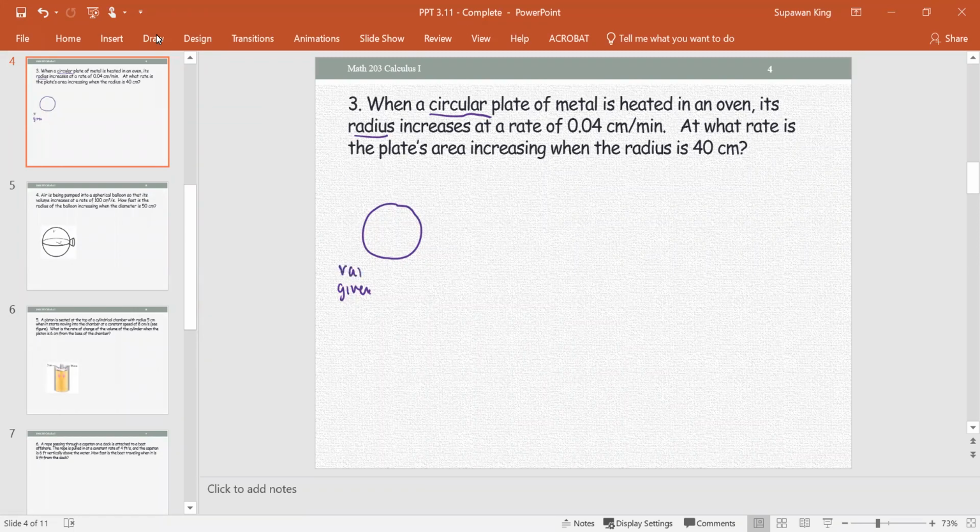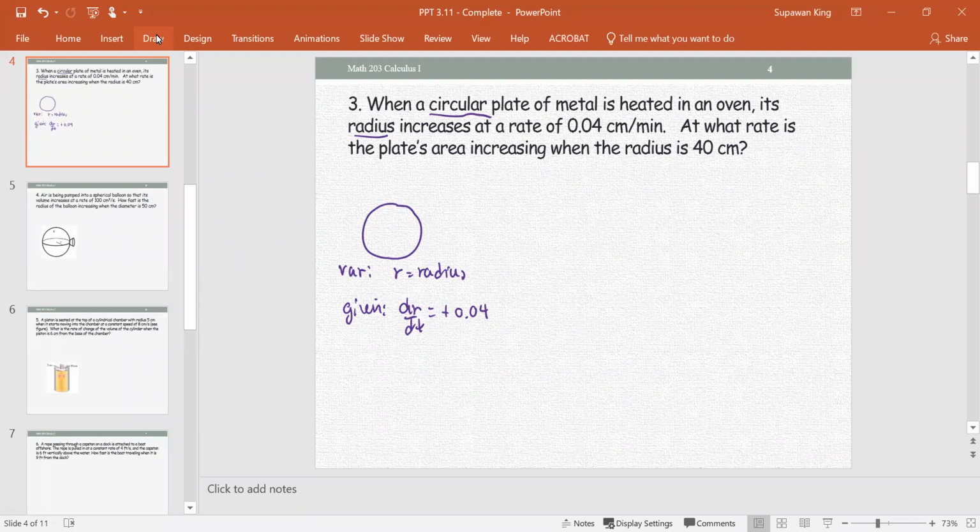So let's make a list of the variables. It involves the radius, and we use r as the radius. The rate of change of the radius is provided: dr by dt is increasing, positive, at a rate of 0.04 centimeters per minute.